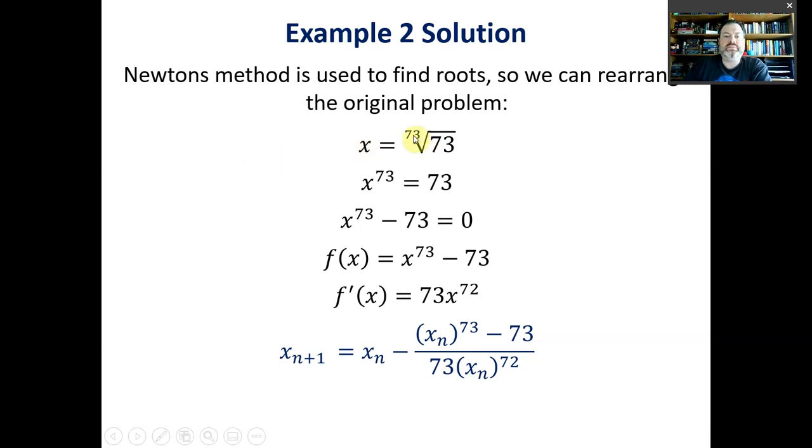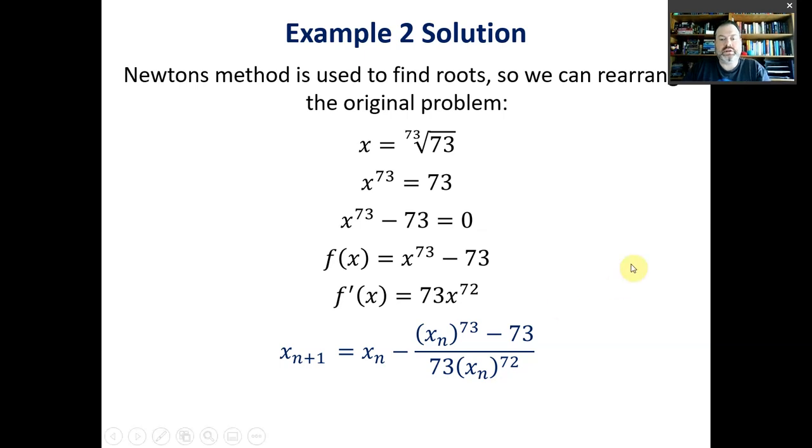So I raised both sides to the 73rd power, subtracted 73. Now I have a function that I can find the root of. So this is my function. I take the derivative, plug the function in here with an xn, plug the derivative in here with an xn. There's xn. That's what I'm going to put in my grapher.